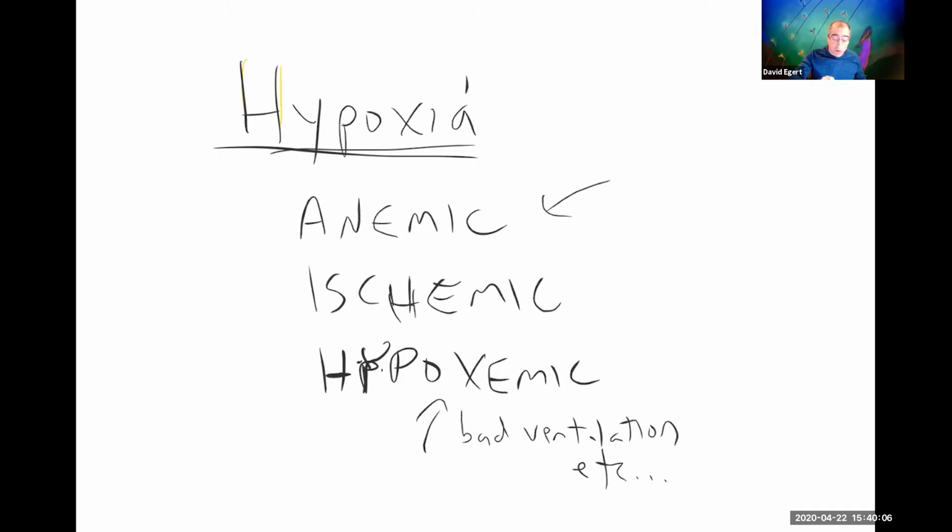So these are all different ways you can end up not having enough oxygen getting to your tissues. The blood may not be able to deliver it well, your blood may not be getting there, or you're not loading the blood with oxygen in the first place.